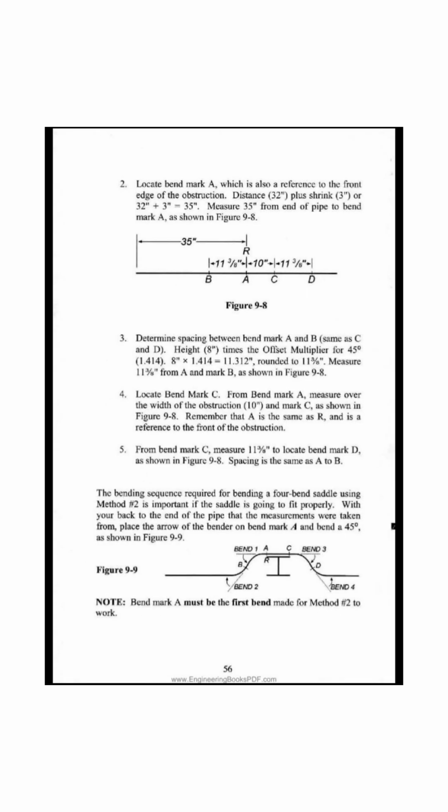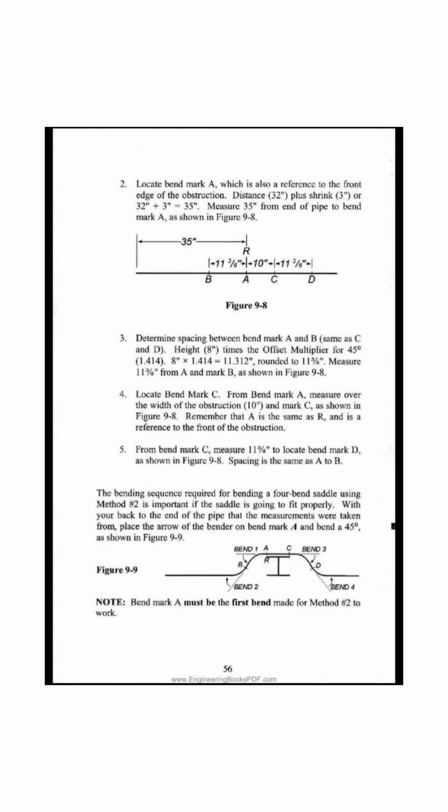Locate bend mark C: from bend mark A, measure over the width of the obstruction, 10, and mark C, as shown in figure 9-8. Remember that A is the same as R, and is a reference to the front of the obstruction. 5. From bend mark C, measure 11 3/8 to locate bend mark D, as shown in figure 9-8. Spacing is the same as A to B.